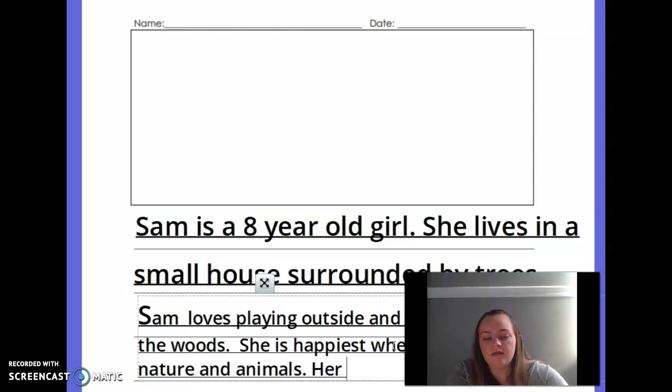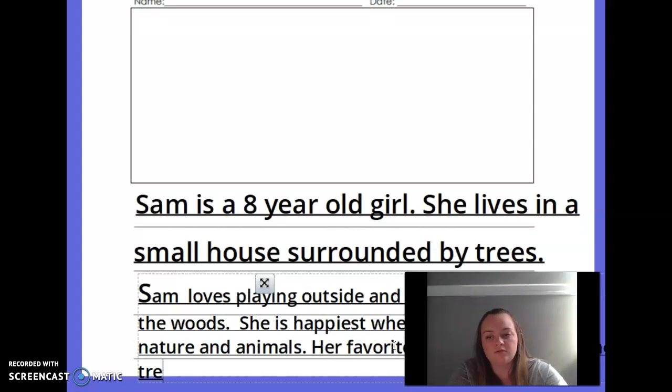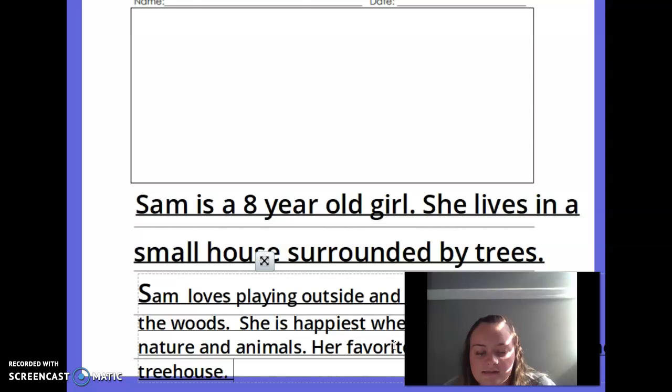Her favorite thing to do is play in her tree house. I know this is probably a little hard for you guys to see. I'm also going to post this down below the video as well.